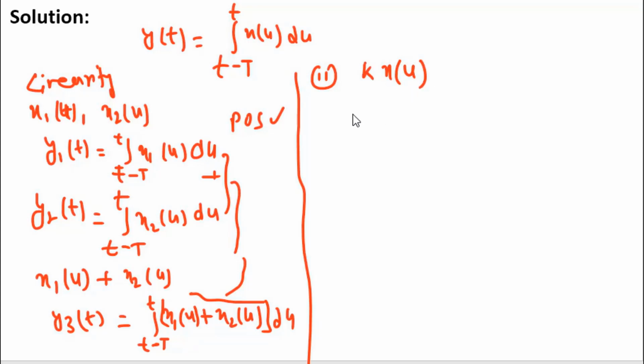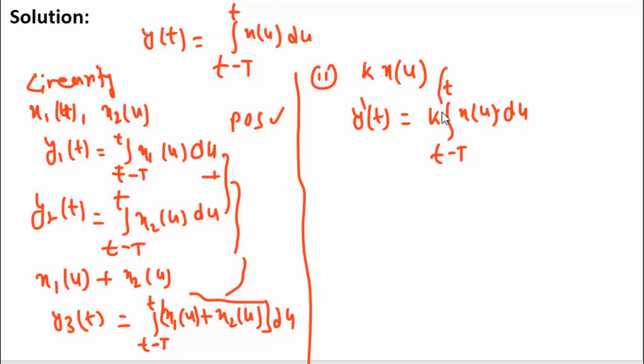x of u. So when you scale this input, then your y of t becomes y dash t, which is equal to k times integration from t minus capital T to t, of x of u times d of u.